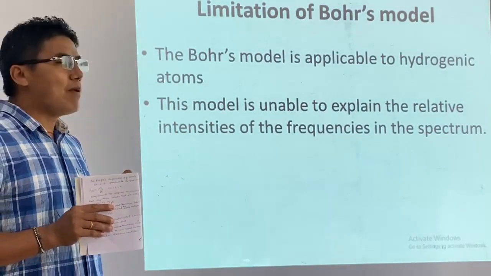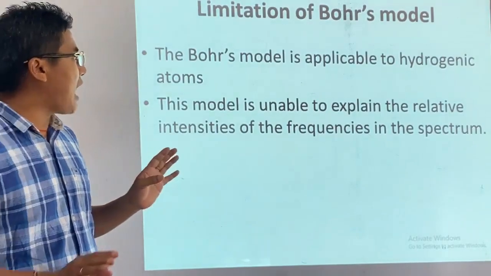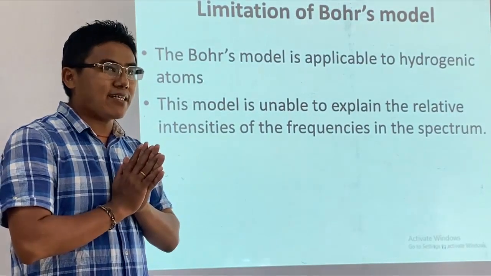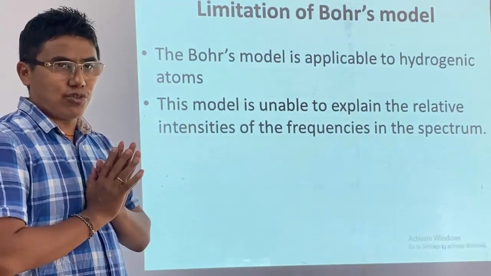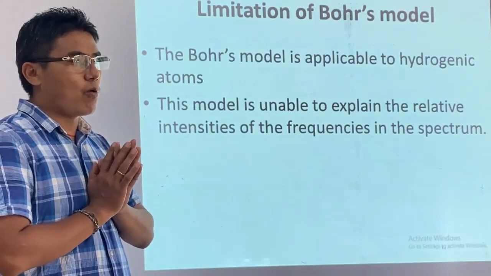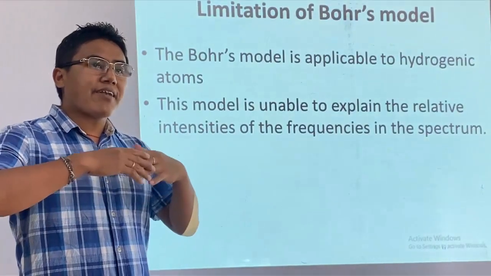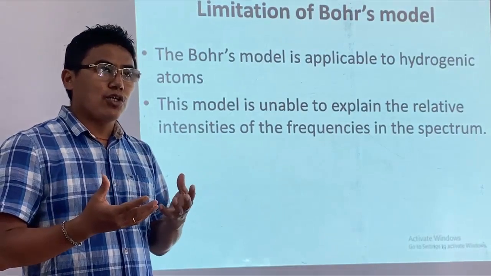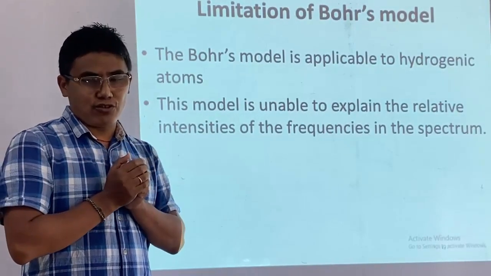So, one limitation of the Bohr model is that it is applicable only to hydrogenic atoms. That means atoms having one electron, right? Why? Because if an atom has more than one electron, Bohr never talks about the electron-electron interactions.